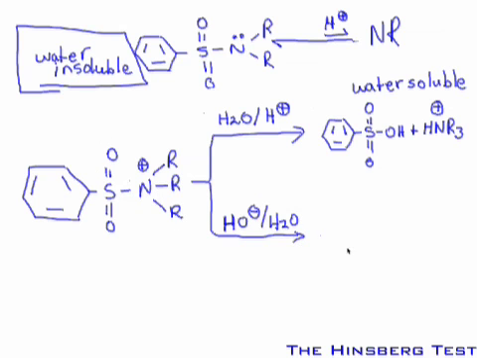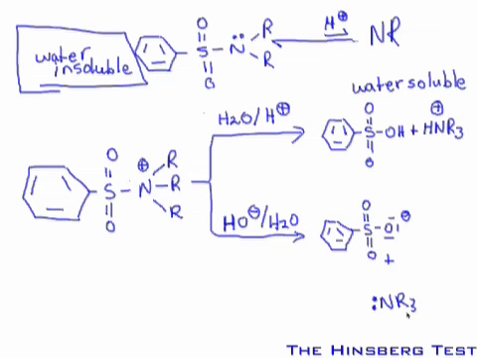But in base this time, you get benzene sulfonate anion, because they're under base conditions, and the acid deprotonates. And the amine will exist as the free amine. Now this is where the question mark arose. You may recall in the table I said, well, it depends. You might get it soluble, you might get it insoluble. It depends on this amine.